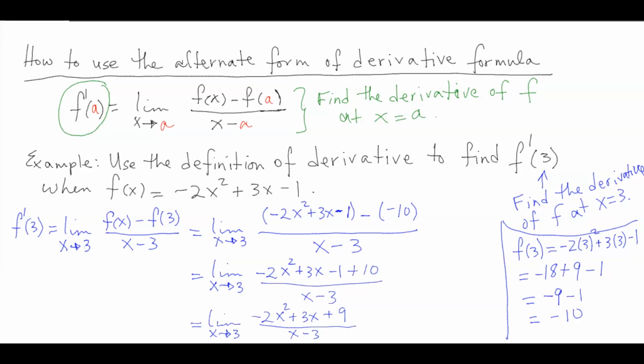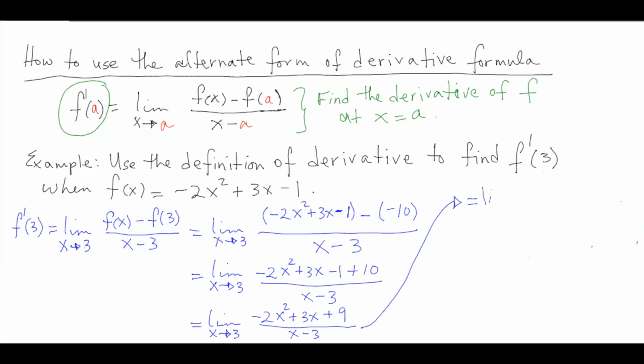If you were to use direct substitution, you'll find that this gives you 0 over 0, which means that we're going to have to factor the numerator, and hopefully some factors will cancel. So let's see what happens.